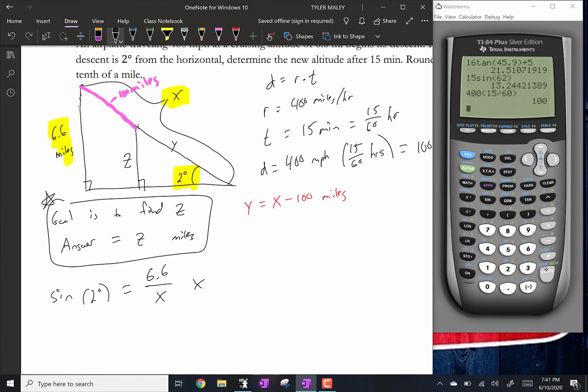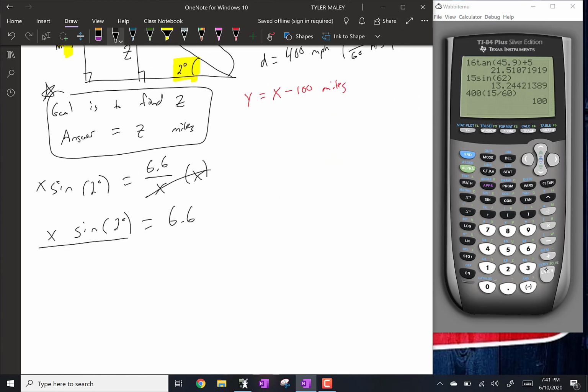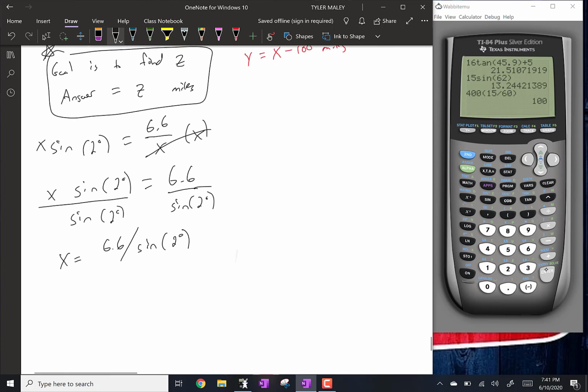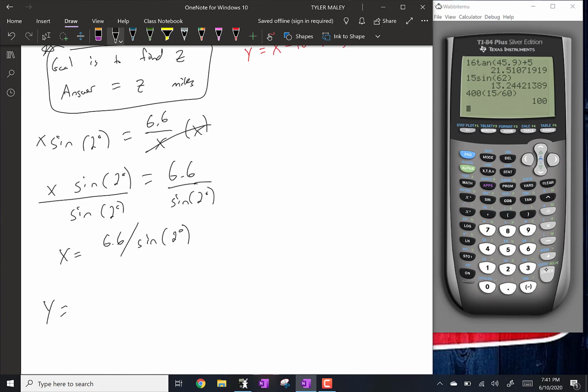If I multiply both sides by x, those cancel, and I get x times sine of 2 degrees equals 6.6. To get x by itself, I divide both sides by sine of 2 degrees. That leaves me with x equals 6.6 divided by sine of 2 degrees. So y is equal to 6.6 divided by sine of 2 degrees minus 100 miles.